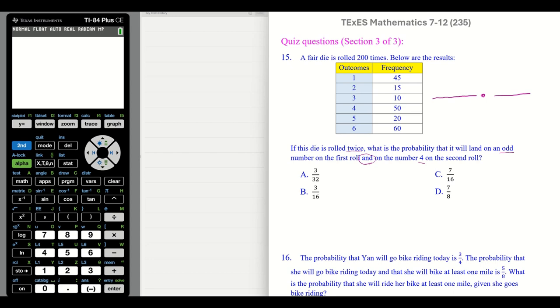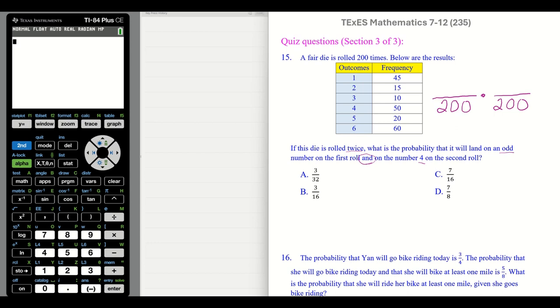We know what our total is. We have part over total. So our total is 200 on the first event, and it'll also be a total of 200 on the second event. This isn't a case of replacing or not replacing. We're simply reading a frequency table.